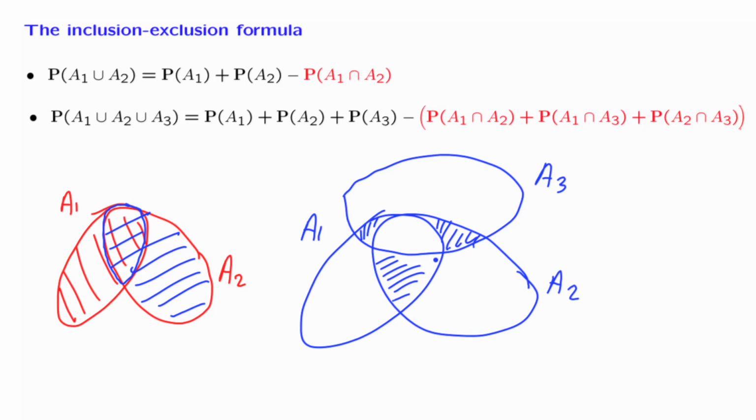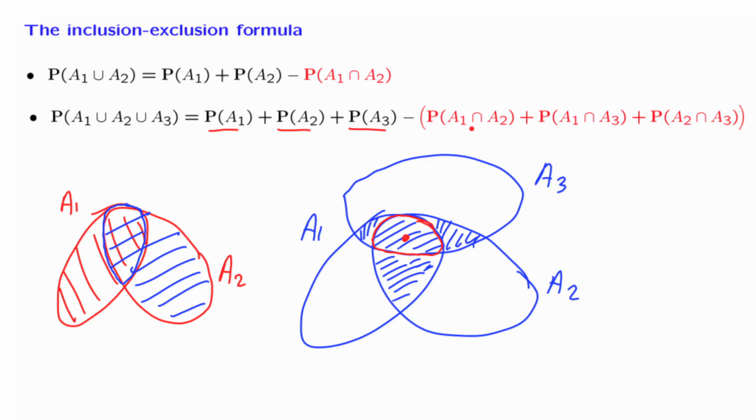But actually the intersections are not just what I drew here. The intersections also involve this part. So now let us focus on this part of the diagram here. A typical element that belongs to all three of the sets will show up once here, and once there.